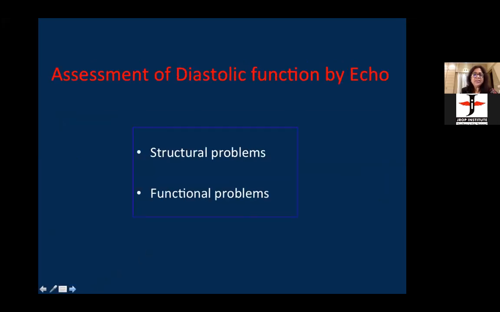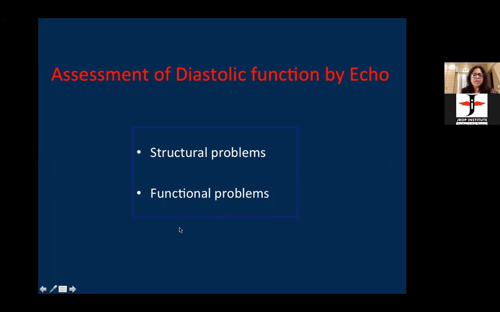Now, with the help of echocardiography, we not only get the idea about the structural problems of the heart, we also get to know the functional problem associated with the diastolic dysfunction in that particular patient.